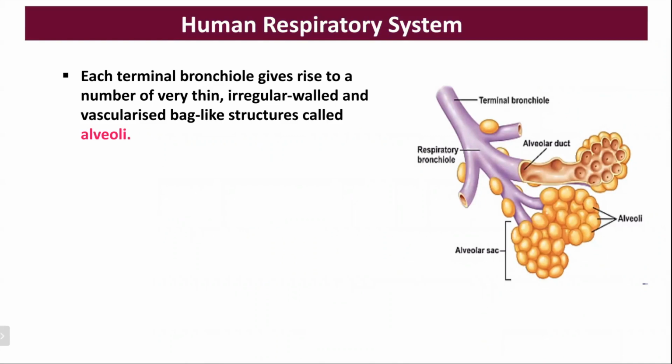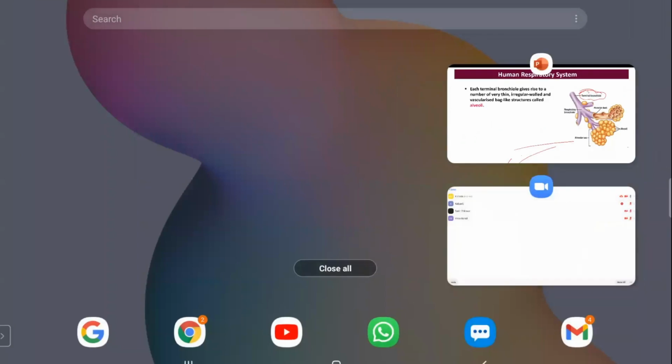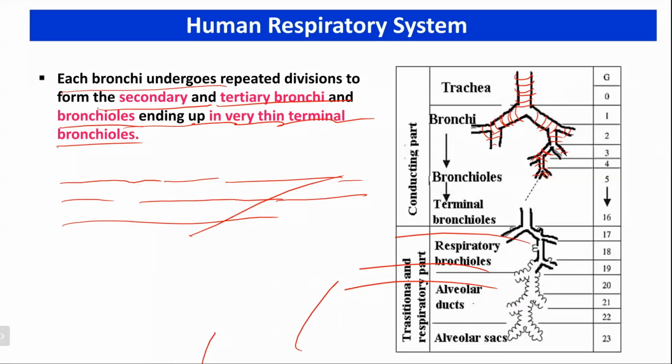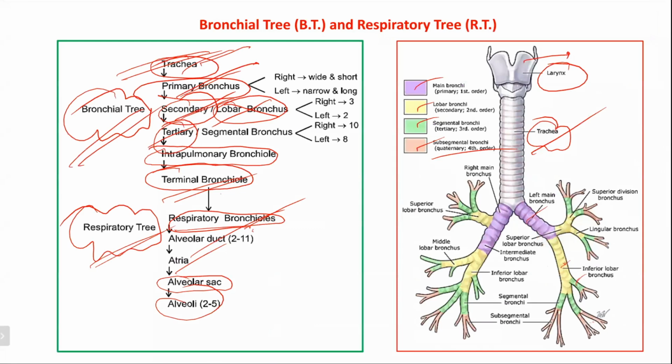And ultimately you can clearly see this is terminal bronchiole, right? You may have a doubt in your mind, where is terminal bronchiole? I have shown all these things previously. You can see here in this diagram clearly, terminal bronchiole.